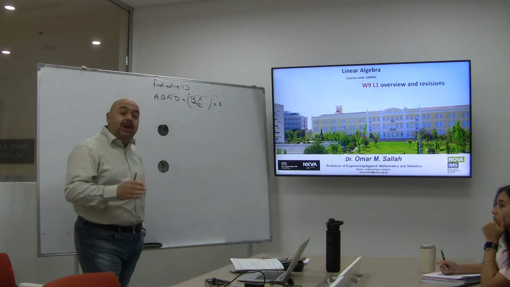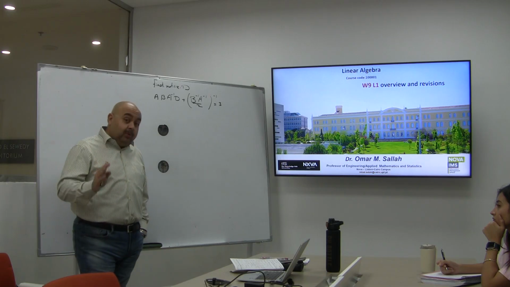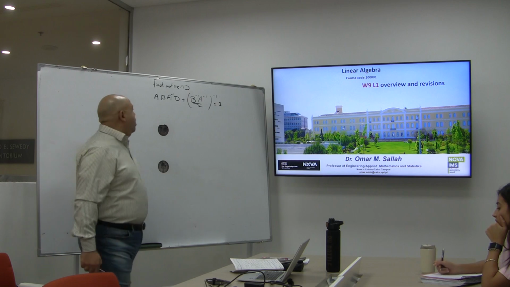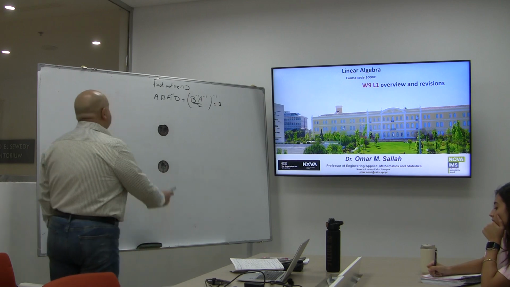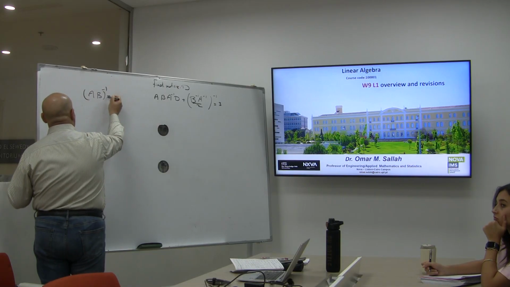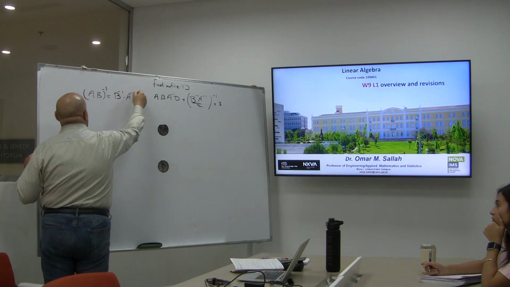And all of this is really very simple. As I told you, he will hunt, or we will hunt, the propositions. So you need to study them very well. Okay, I know that if I have (AB)^-1, it's going to equal B^-1 times A^-1.